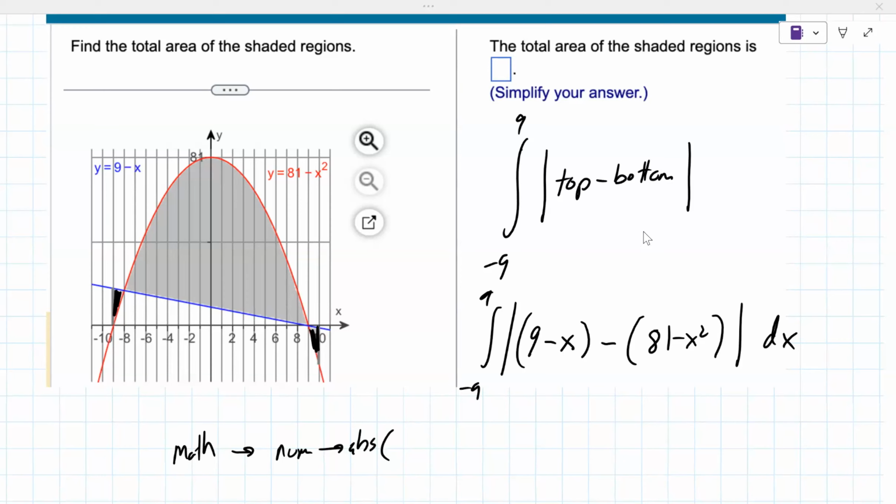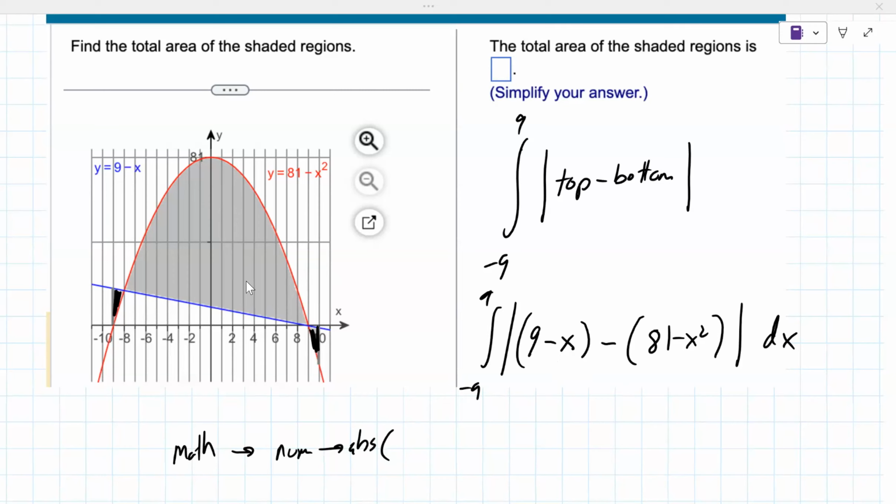I got, oh my gosh, a huge number. Make sure you have parentheses in the right places. It shouldn't be that large. I got like 827.